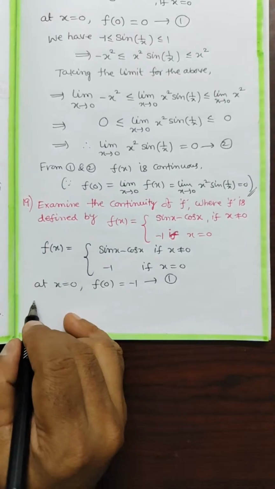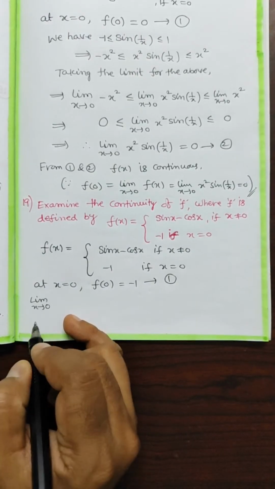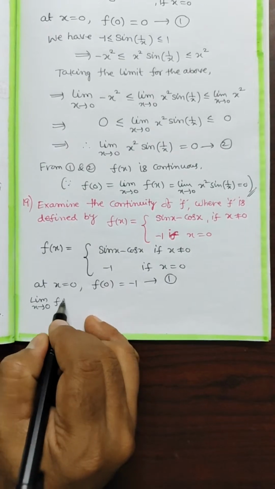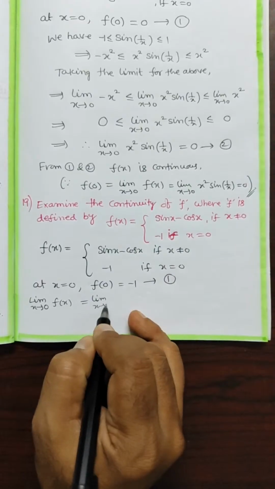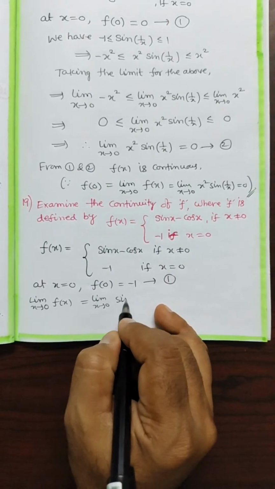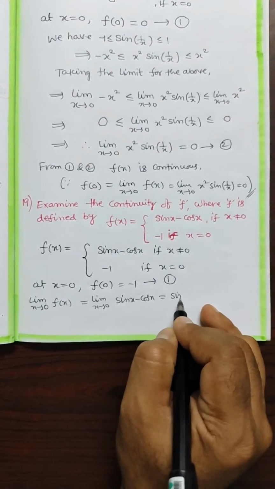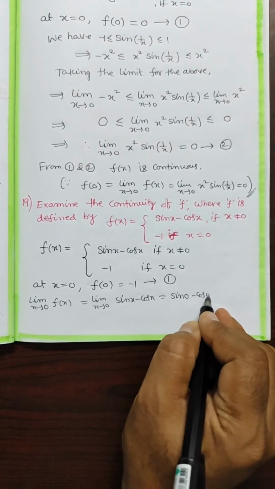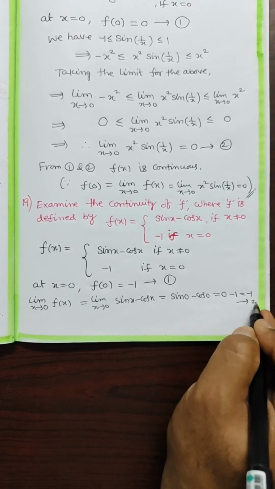How does f of 0 come? By taking the limit. Limit x tends to 0 of f of x is equal to limit x tends to 0 of sin x minus cos x. X is equal to 0 means sin 0 minus cos 0. Sin 0 is 0, minus 1, so minus 1. Equation number 2.